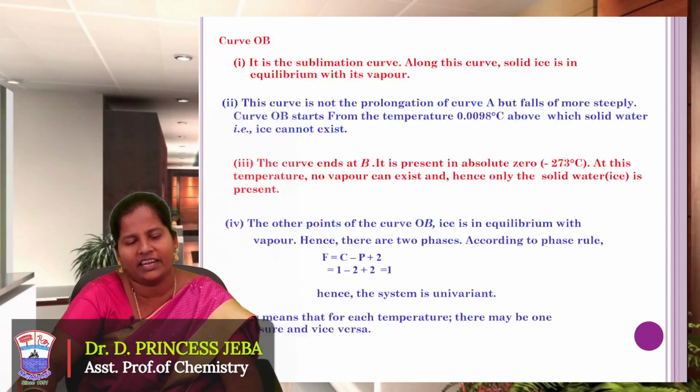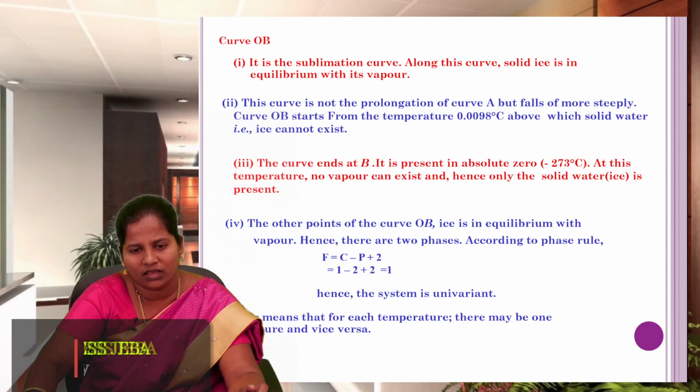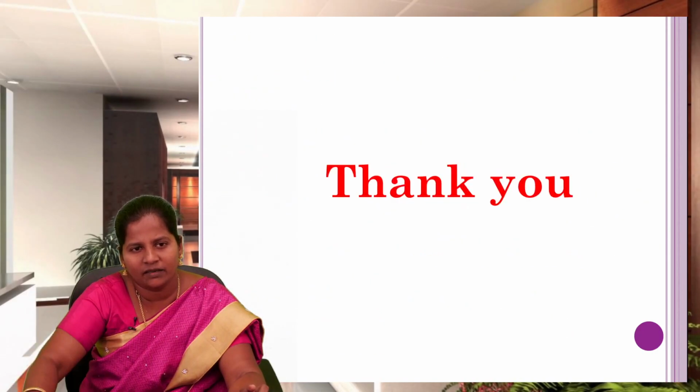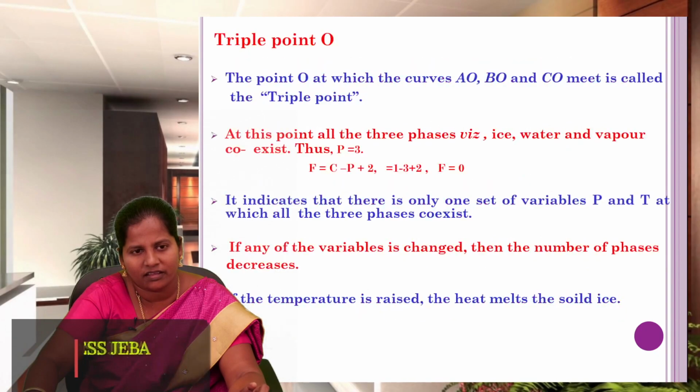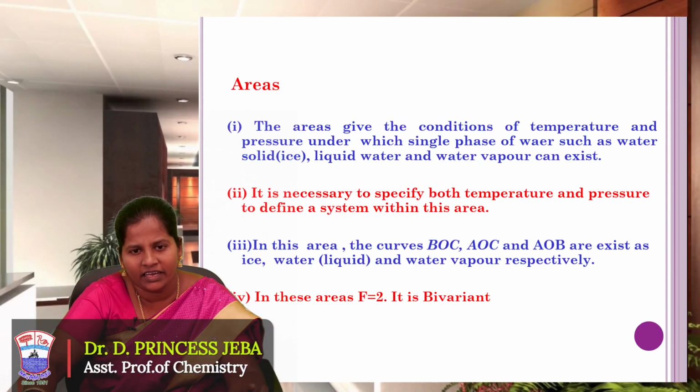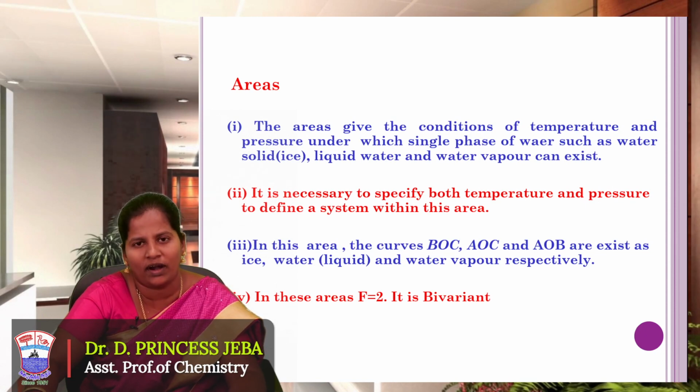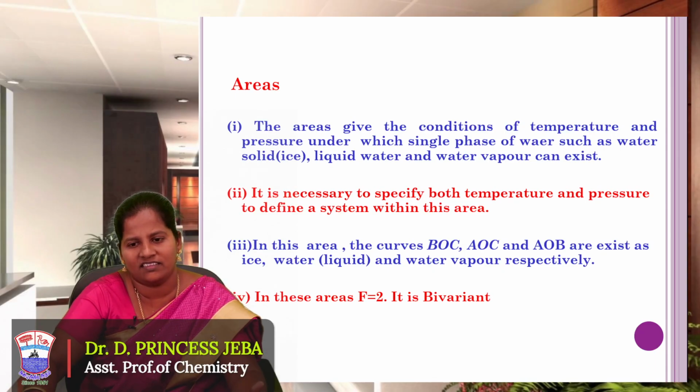Whereas along the areas, we have only one phase. Along the areas BOC, AOC and AOB: in BOC, only ice exists, there is no water or vapor, whereas in AOC only water exists, and in AOB only vapor exists.